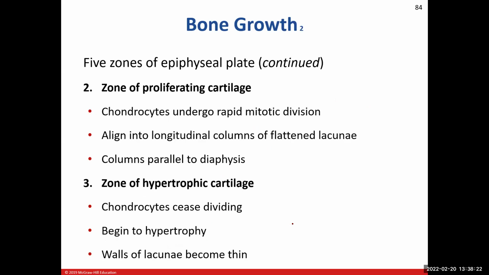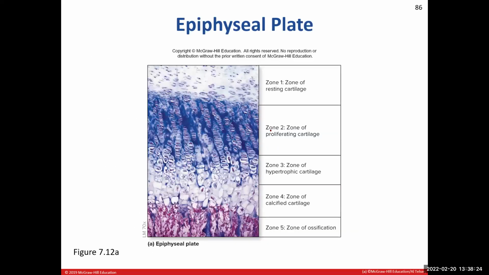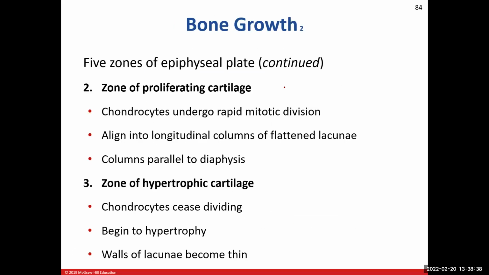All right, so let's take a quick peek here. Here you can see our zone 1. So that's what we're seeing, our resting cartilage there. The chondrocytes are just going to be maintaining the cartilage matrix, not a lot of activity going on, hence the term resting. Then we get to zone 2 here. Then we start to turn on the juice.